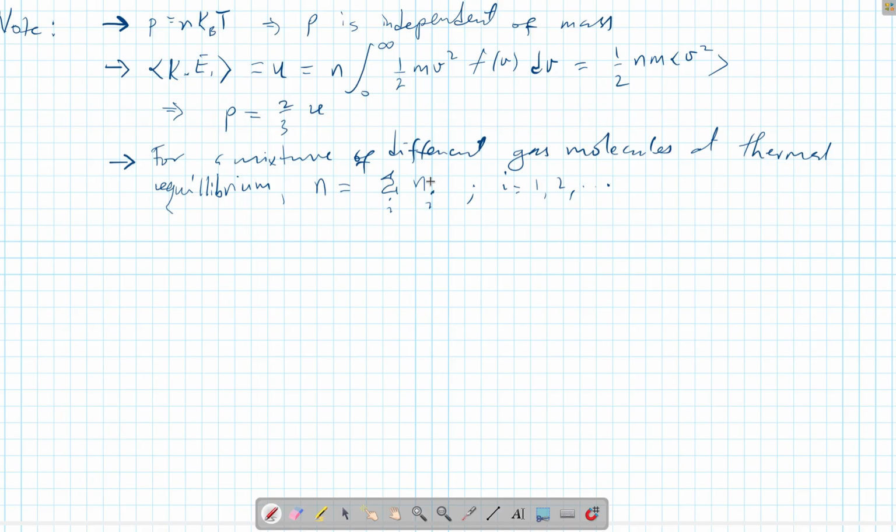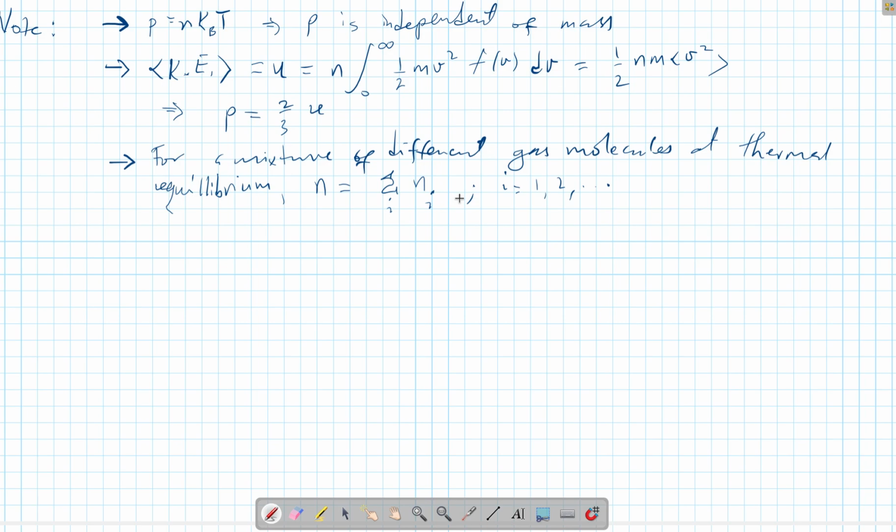So the total is n1 plus n2 plus n3, and it goes that way up to the number of different types of gas molecules.